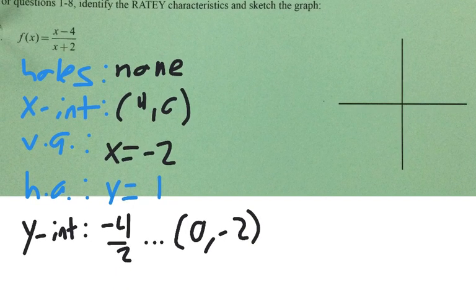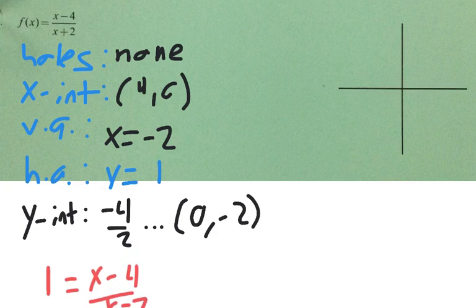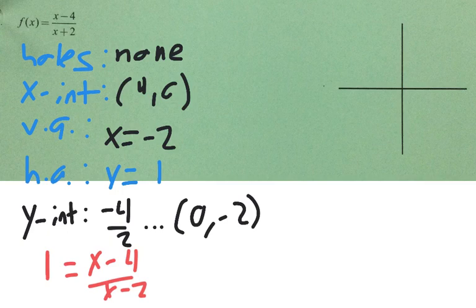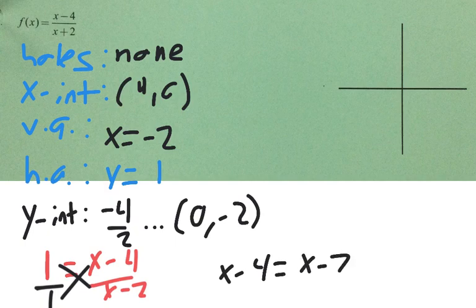And then the last thing I want to check, the thing that they didn't check yet, is I want to know, do I cross the horizontal asymptote? So because the horizontal asymptote is at y equals 1, I can plug in 1 for y and check if it crosses. Set up a proportion and cross multiply. So that says x minus 4 equals x minus 2.